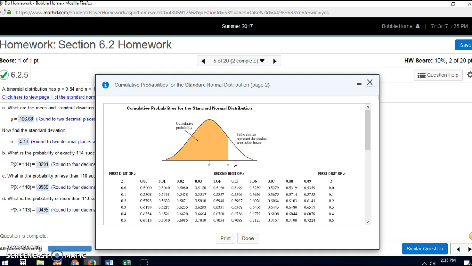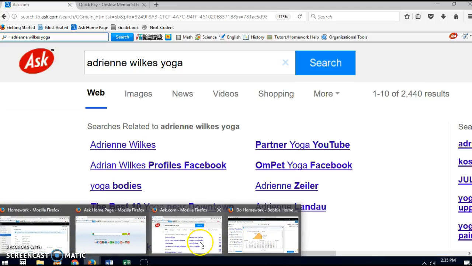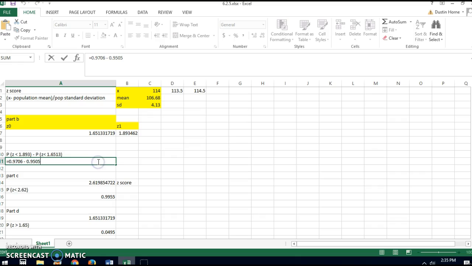And we just want the probability between these two numbers. So the way you do that is you take out all the stuff of the lowest: the highest value minus the lowest value. Now, where did these numbers come from? I'm going to look up 1.65 and 1.89.